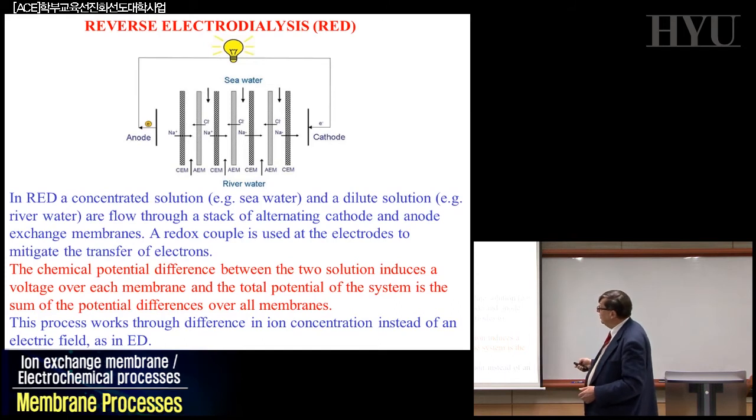Today, if you're just using river water and seawater, the power density, that means watts per square meter you are able to produce, is relatively small. It can be of the order of 0.7, 0.8 watts per square meter. Interesting for writing publications, becoming professor, etc., but not interesting for solving the energy problem in the world.